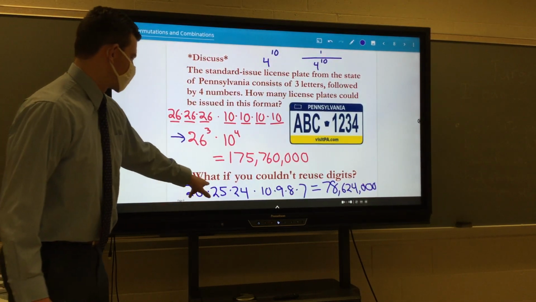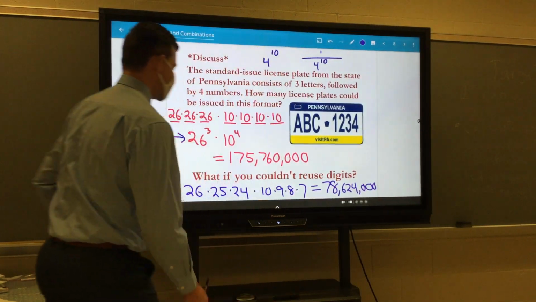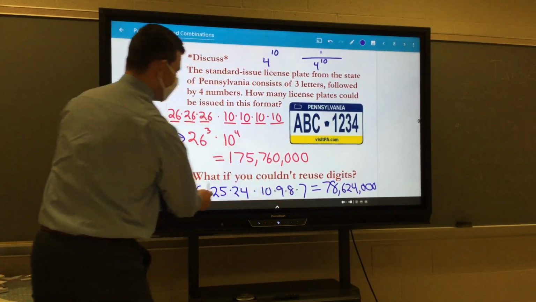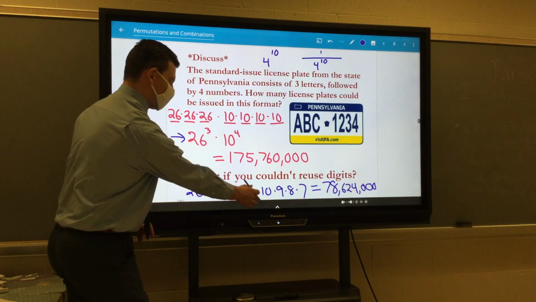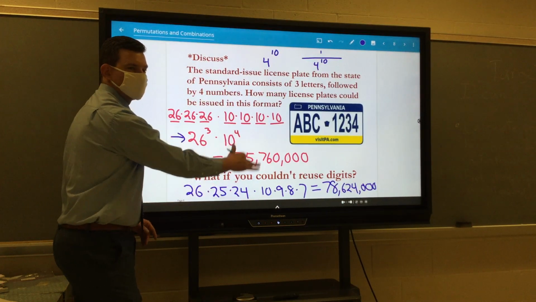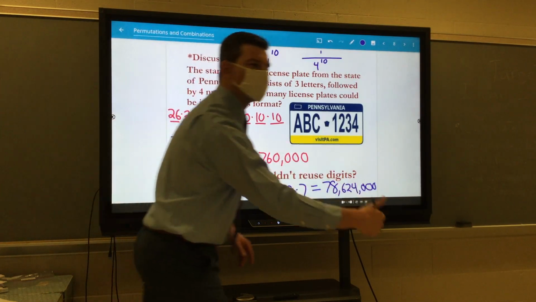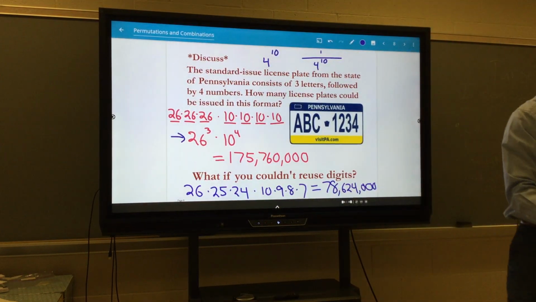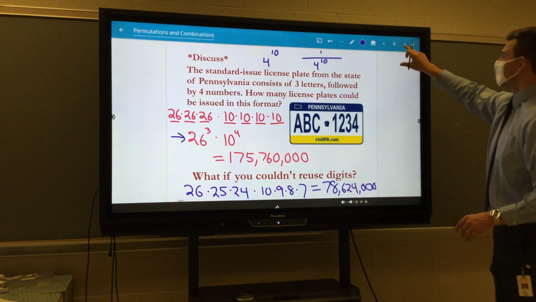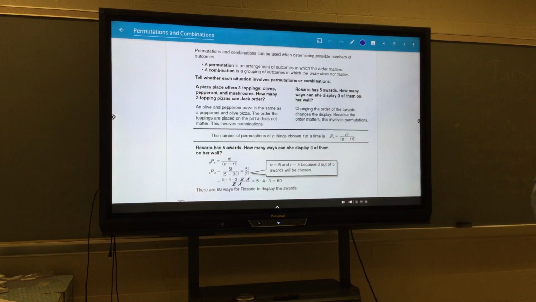Okay? When they're dependent like this, we don't have a shortcut way to write this, at least in terms of exponents. But that's when the permutations and combinations come into play. So let's talk a little bit about these.